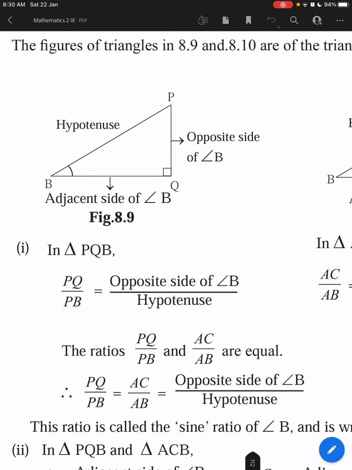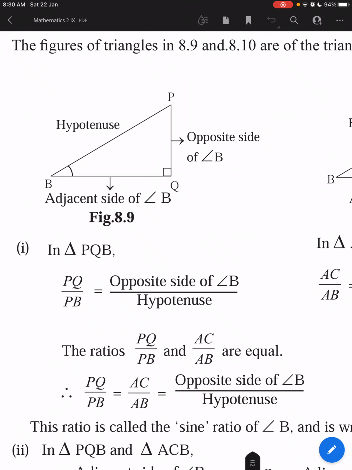The second one, now we will take the adjacent side of angle B. You are observing BQ is the adjacent side in triangle PQB. And in triangle ABC, BC is the adjacent side. Let us divide this adjacent side by the hypotenuse. So BQ and PB, we are dividing the adjacent side of angle B and the hypotenuse. Here BC and AB, we are dividing the adjacent side and the hypotenuse.